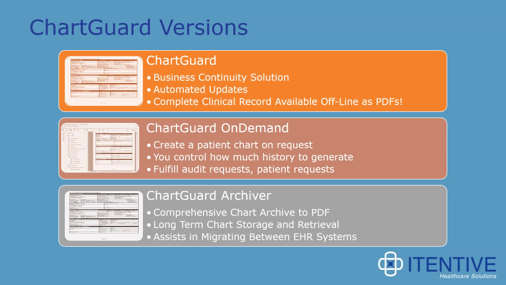And then ChartGuard Archiver is used for long-term storage of charts, mainly used if an organization is going to migrate between EHR systems, or if a physician is leaving the practice and they happen to want to bring their patient information with them. ChartGuard Archiver is used to extract that information out. So, a couple of versions of ChartGuard.